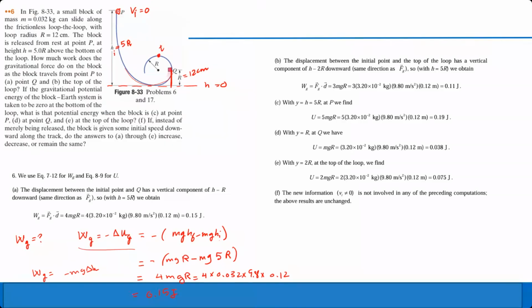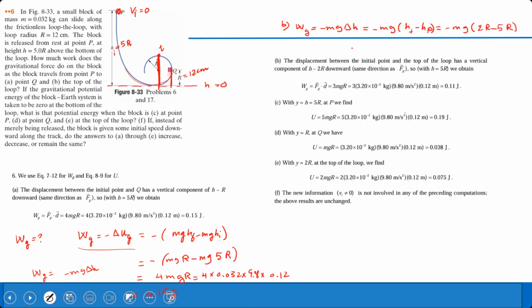So in part B, I'll say W done by gravity is minus mg delta H, which is minus mg into the final height, which is at the top, minus the height at P, which is minus mg into the height at the top is actually the diameter of the circle, which is 2r, whereas the height at P is 5r, just as before.